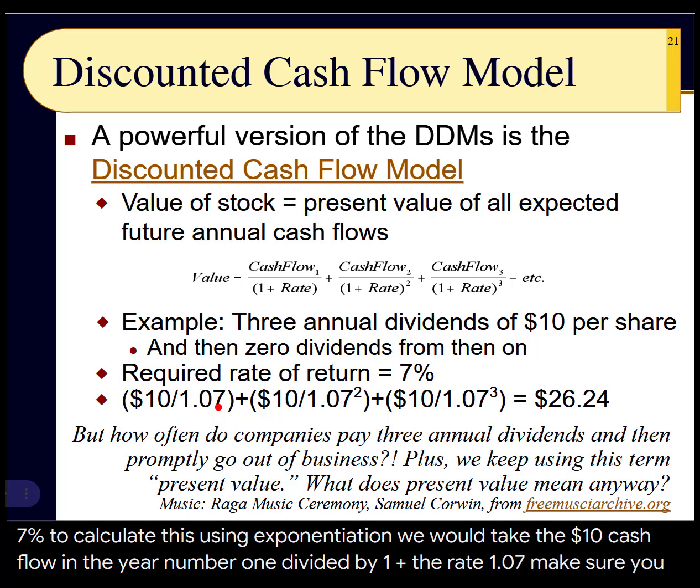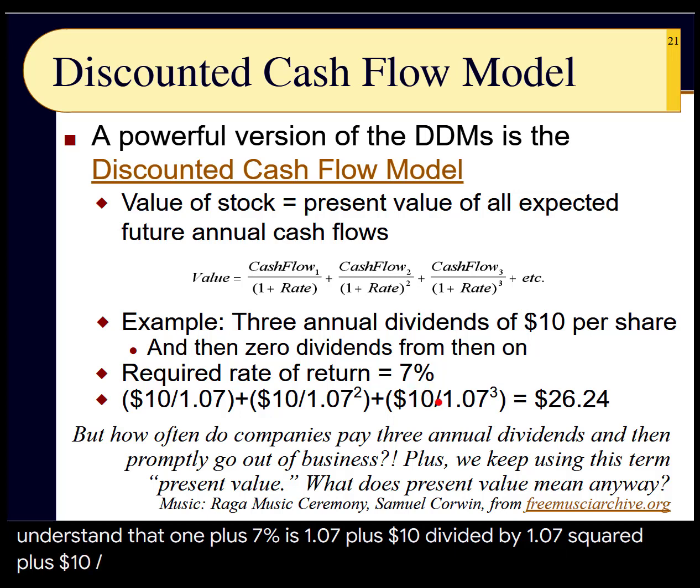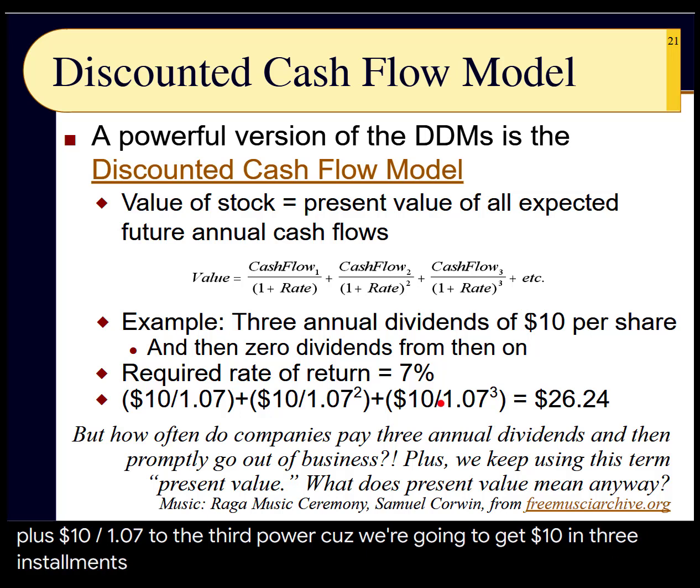Make sure you understand that. 1 plus 7% is 1.07. Plus $10 divided by 1.07 squared, plus $10 divided by 1.07 to the 3rd power, because we're going to get $10 in 3 installments, one each year. And if you do that calculation, you get $26.24.